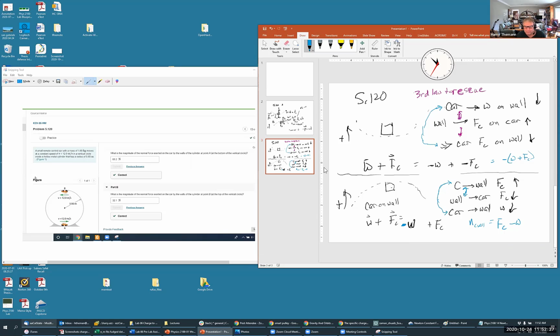I'm going to help you. Now, what you can see then at some point, if F centripetal is too small, then N of car on the wall goes to 0 and negative, and that means it's not going fast enough anymore. And you want it to be positive because you want it to be pressed up against the wall. You want the wall to have to push against the car.